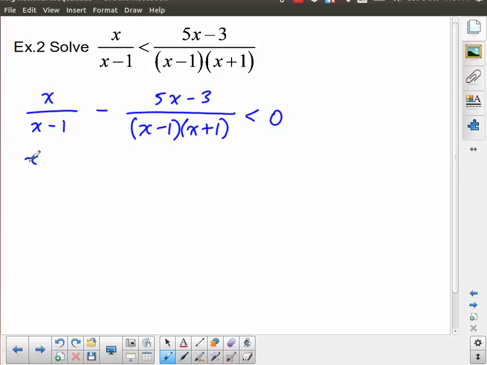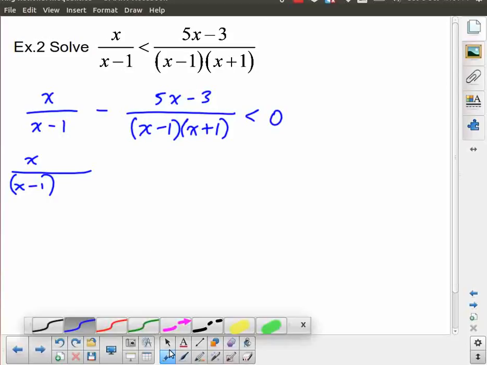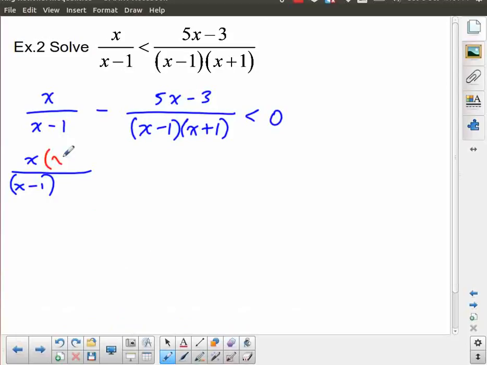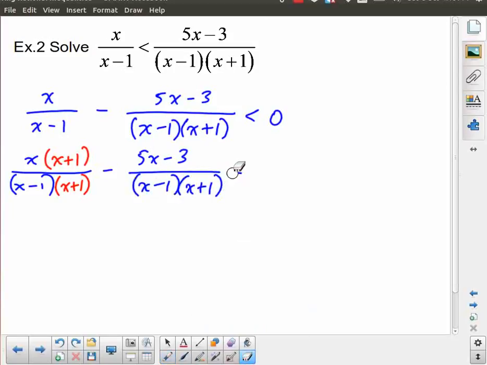So I'm going to write that as x over x minus 1, and recognize that to make that a common factor, I need an x plus 1 here and an x plus 1 here, minus 5x minus 3 over x minus 1 times x plus 1 less than 0.